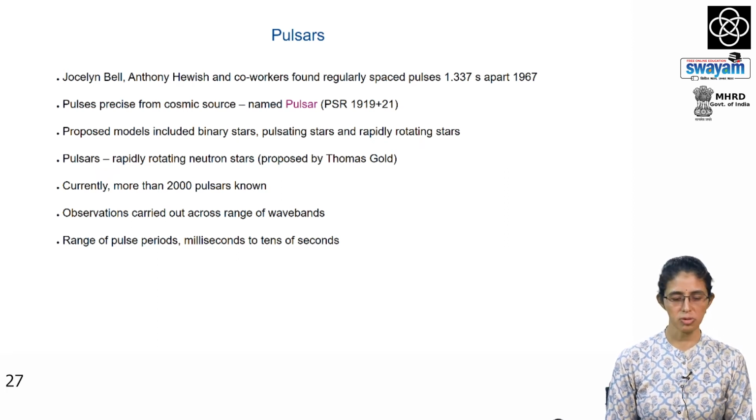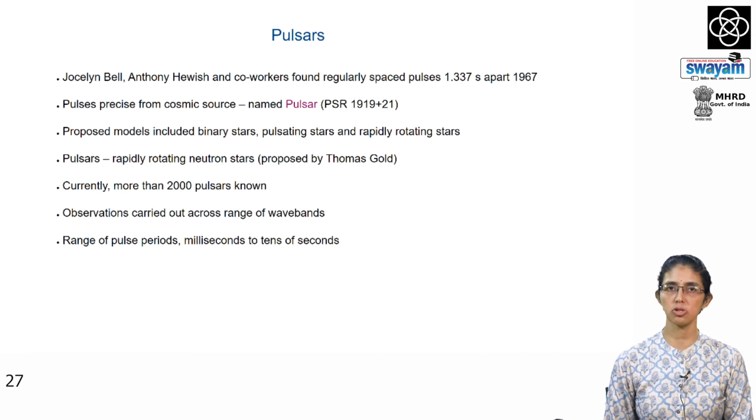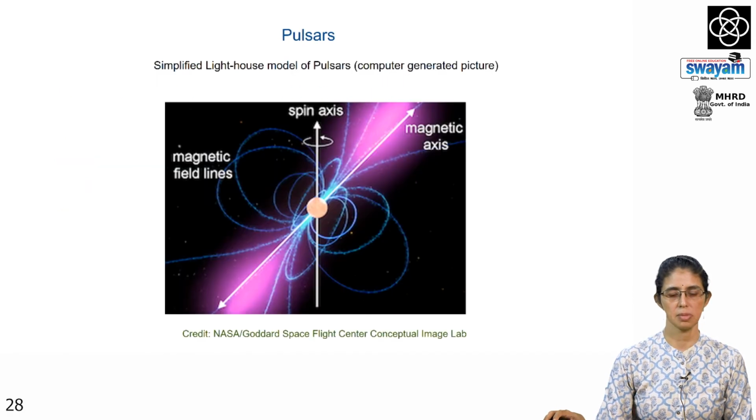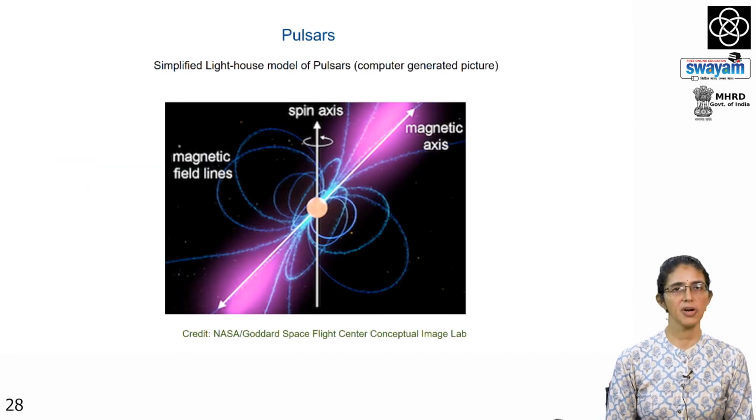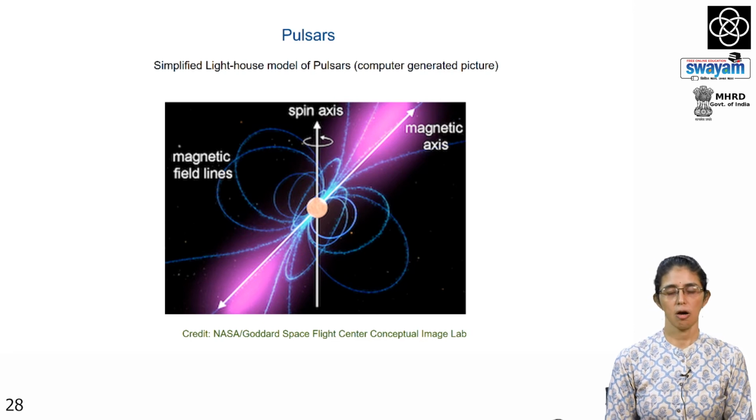Currently, more than 2000 pulsars are known, and observations of these pulses of light have been carried out across a range of wavebands, and the pulse duration varies from milliseconds to tens of seconds. This is a simplified model of our understanding of how the pulses of light are generated.